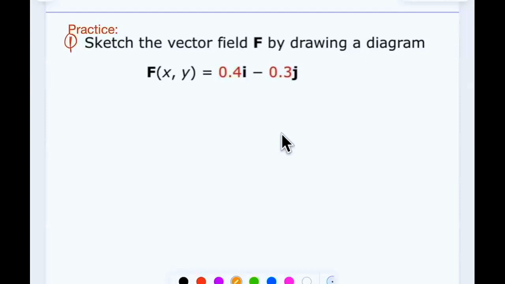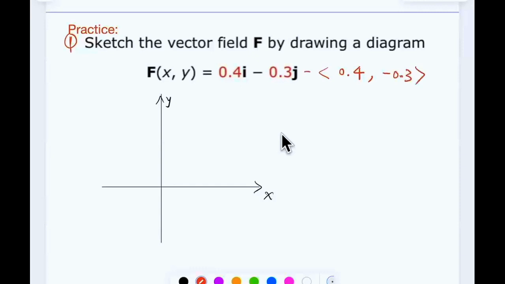Okay, so let's draw. Think about it. Did you do it? How about we do it together? Let's rewrite this in this way. The x component is 0.4, and the y component is negative 0.3, right?